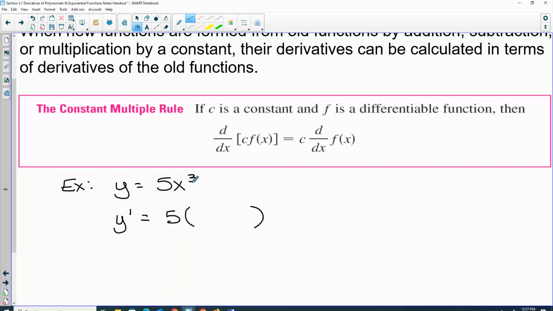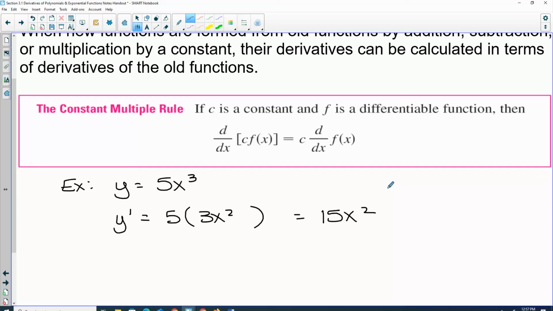What is the derivative of x cubed? 3x squared. And so it becomes 15x squared. So if you have a number times a variable, that number just gets multiplied with the derivative.